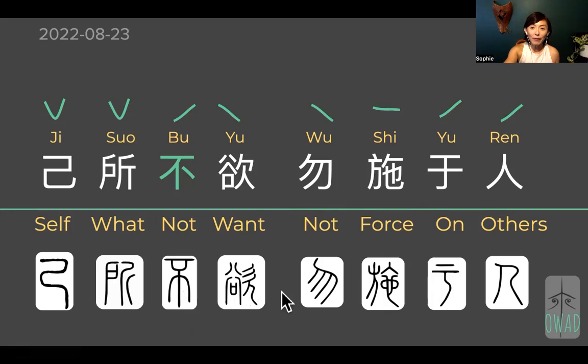欲. Okay, left and right structure. The left side sounds like 谷. And it came from this separation of space, right? And then we have a mouth in another separated space. So the word originally is a visual depiction of the valley, which is the separation of the mountains. And then you have a low ground that the waters from the mountains are going to drain down.